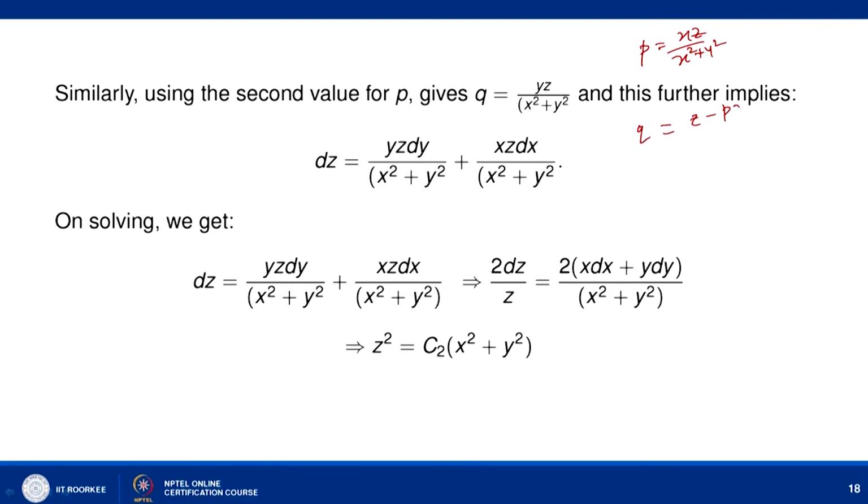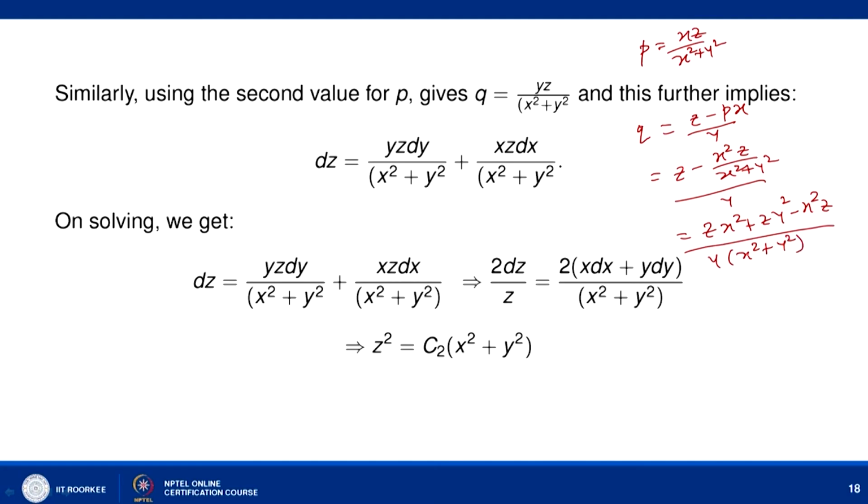So, I can write x square z upon x square plus y square divided by y, and if you simplify, z x square plus z y square minus x square z, divided by y times x square plus y square. So, z x square is cancelled out here, and we get z y upon x square plus y square. So, that is the value of q.